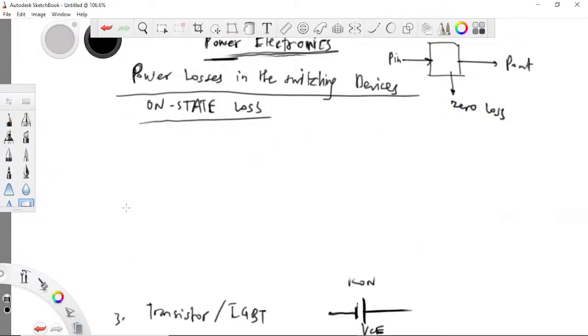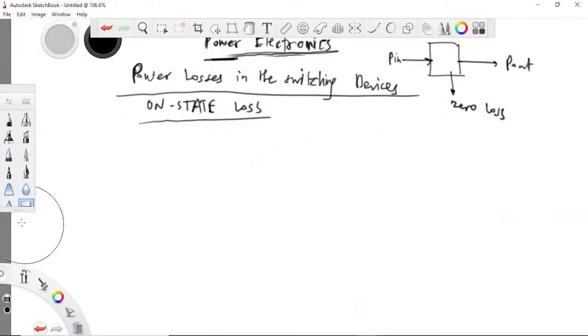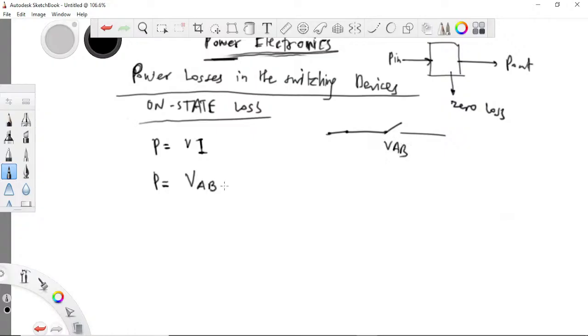Now we know that power is given by VI. So I can say my power is given by a certain voltage. Let's say I have a switch here, and the voltage across it is VAB. The power is given by the voltage VAB multiplied by the average current.